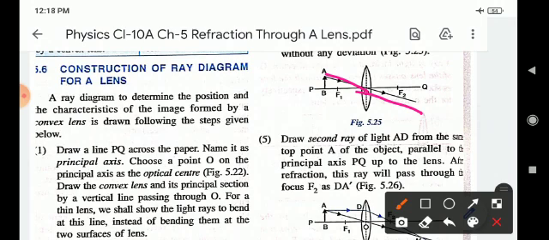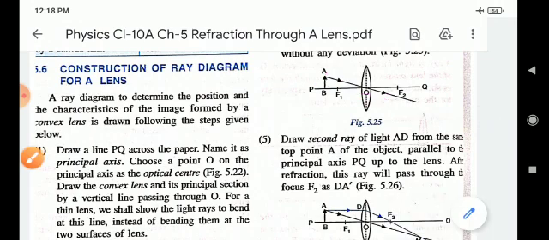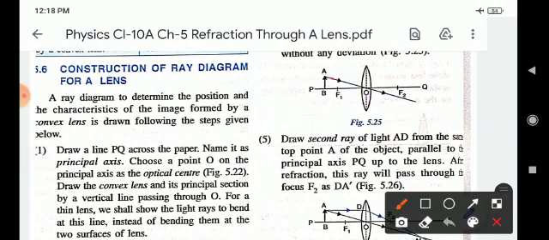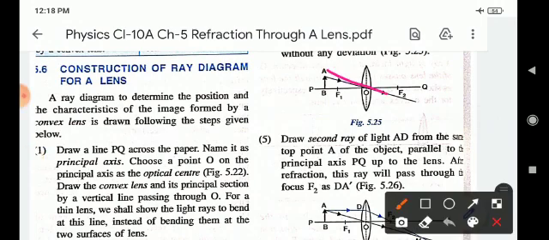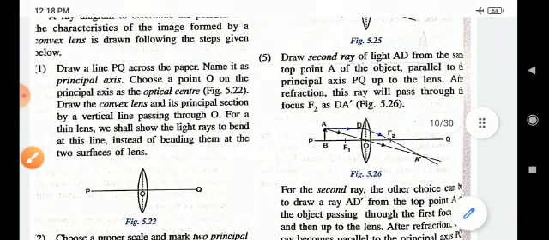Okay, AB is the object. This ray passes from this point through the lens undeviated.